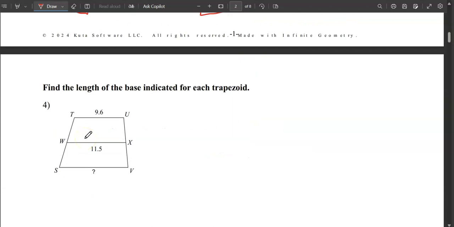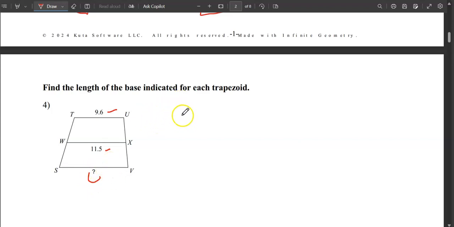Find the length of the base indicated for each trapezoid. So this is a bit different. We are given the measurement of the other base, and then the mid segment, and then we are asked to solve for this segment, or the base.